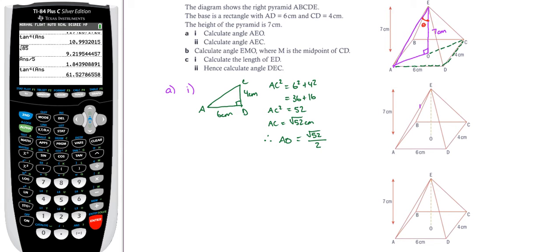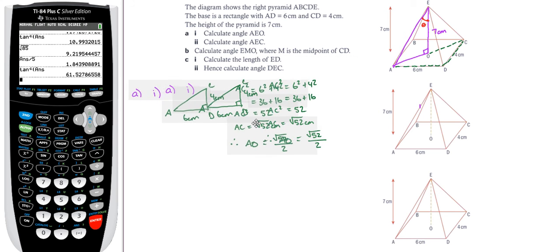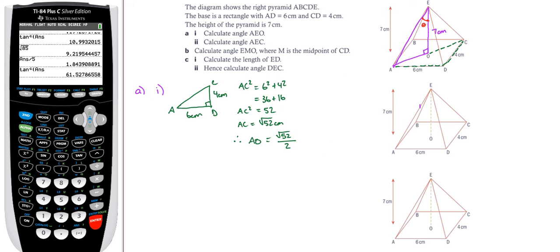So now that I know that information, it's really handy because I can use that to figure out my ultimate goal here. So my other triangle is the one I originally drew, which is AEO. And now I know 7 centimeters, but I also know AO is root 52 over 2. And I'm looking for this angle at the top. So I have the angle, I have the opposite side, and I have the adjacent side.